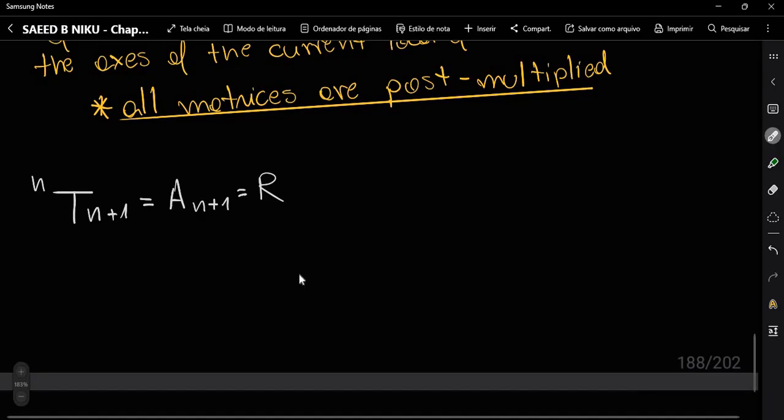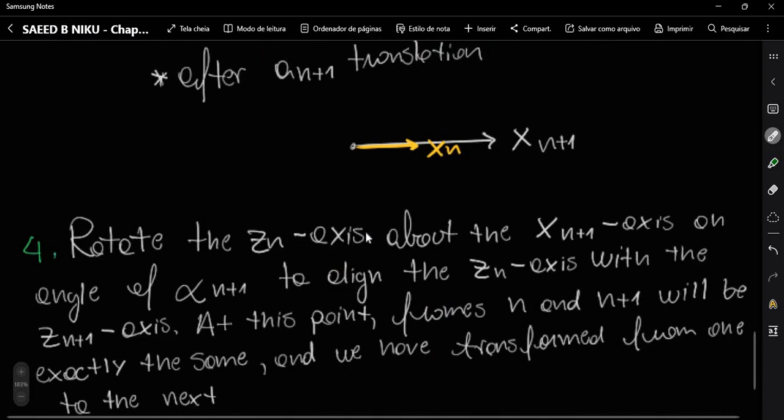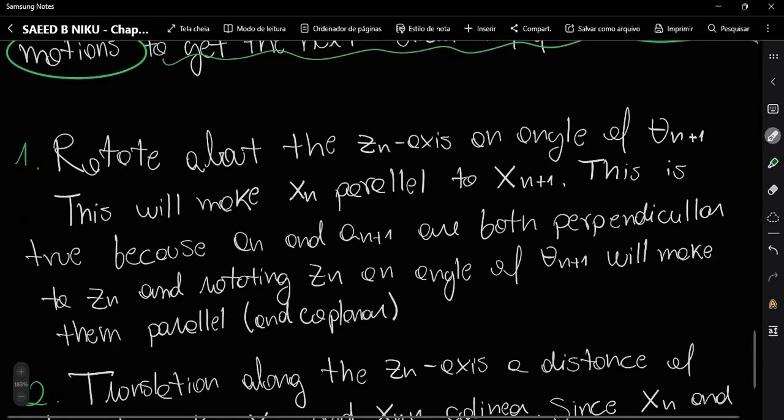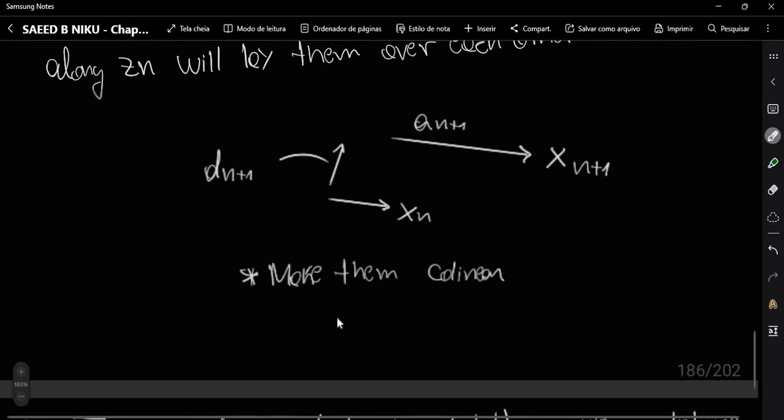So first, right here, a rotation. First, a rotation about the zn axis with an angle of theta n plus 1.